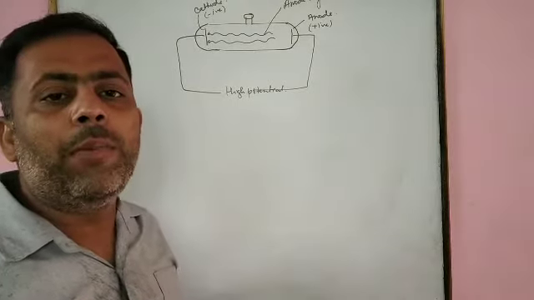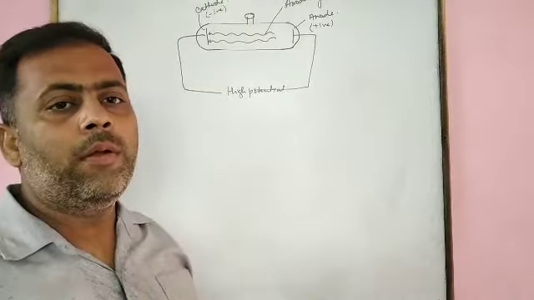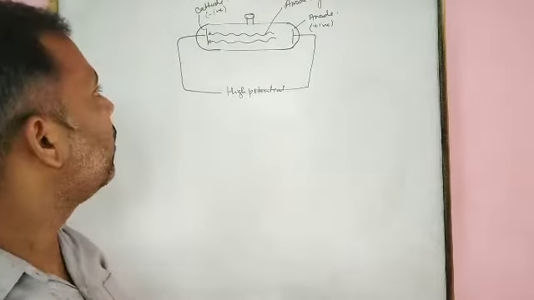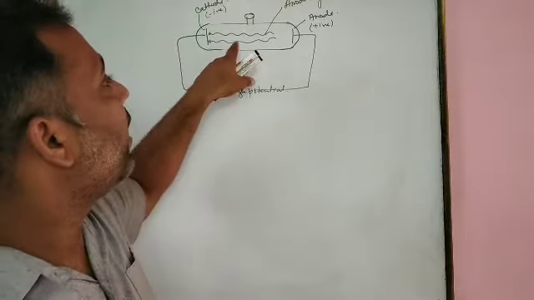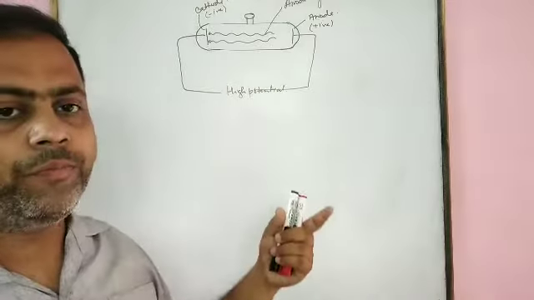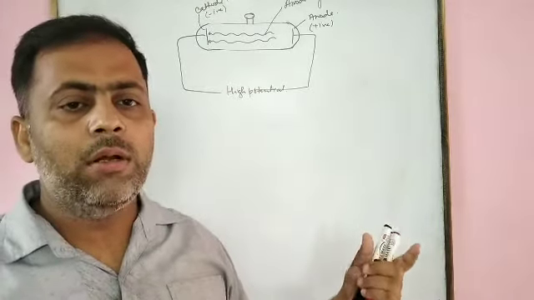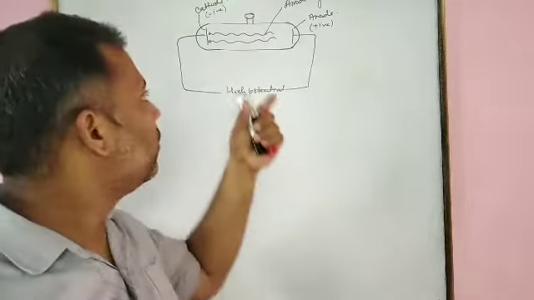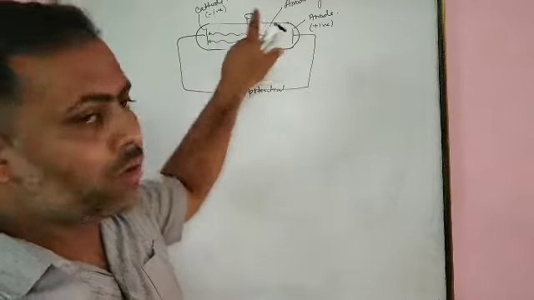By carefully applying electrical and magnetic fields, we observe that the behavior of these rays is like positively charged particles. It is the same experiment, but here we are observing the anode rays.